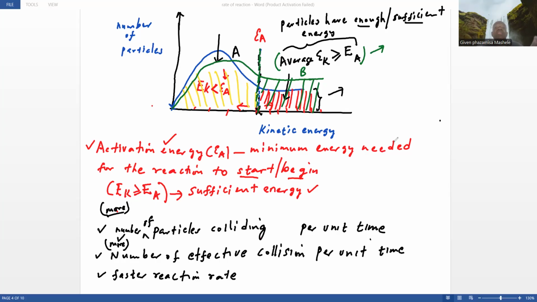But now look at this. Let us look at the number of particles. If you look at graph A, we're concerned about when they're above. Look at the area. The area for graph A is where particles have sufficient energy.